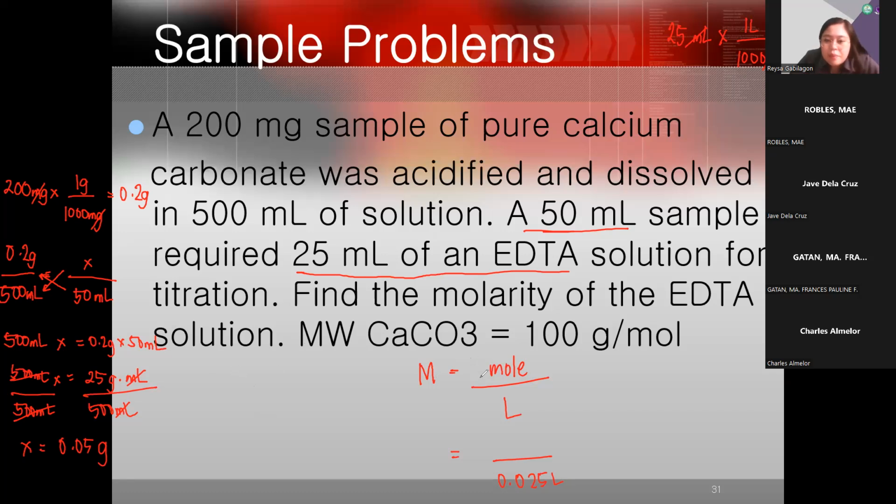Now, how about the number of moles? We are not yet done kasi we cannot use grams here in the computation. Therefore, we are going to convert this to mole first. Now, how do we do that? Remember this formula. Mole is equal to the weight of the substance divided by its molecular weight. So the weight of the substance here, we have computed that already.